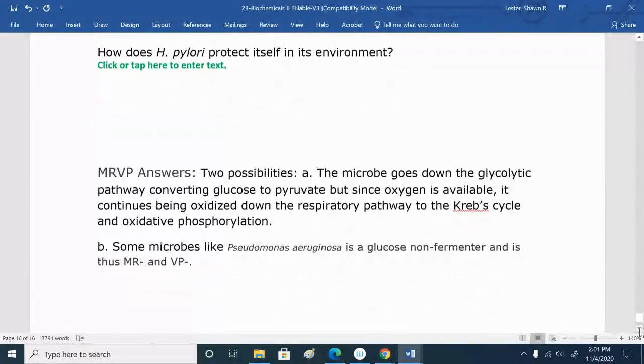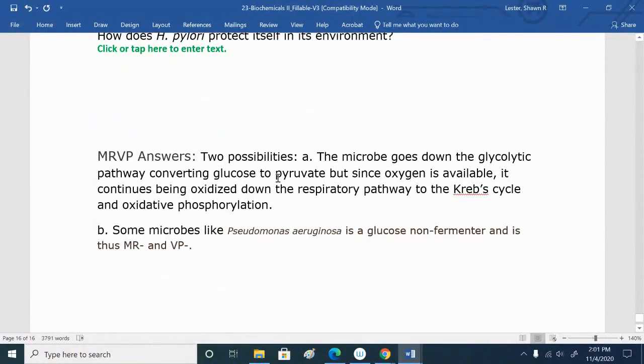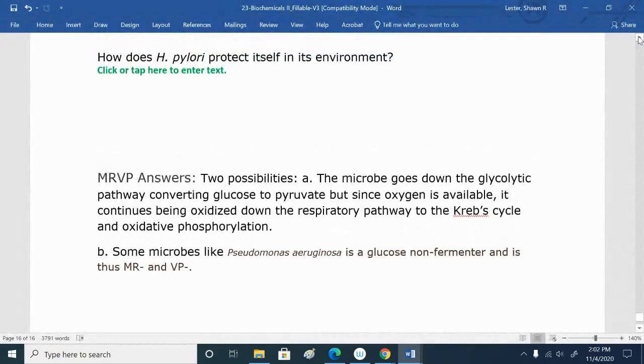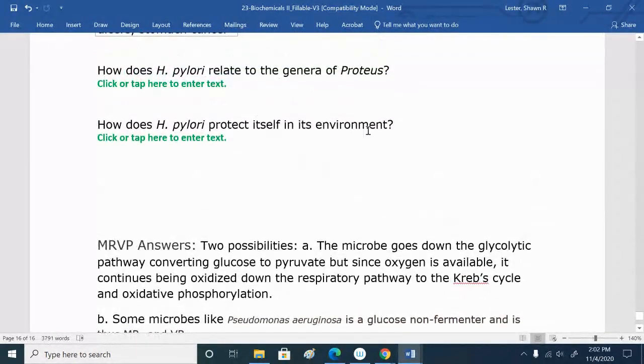And here's a couple answers to the MRVP questions, again having to do with the idea that some bacteria, if they're non-fermenters, are going to be MR negative and VP negative. So that's included here. Like I said, don't worry about these other two questions about Helicobacter. We don't care about that.